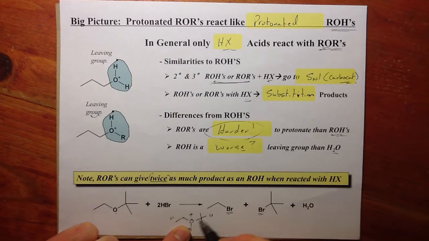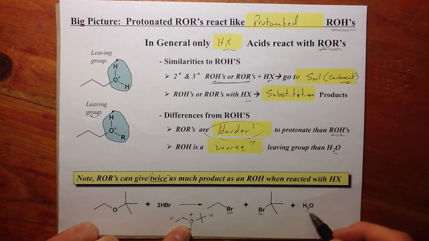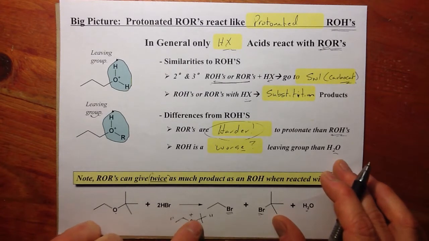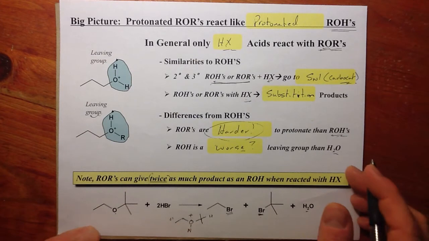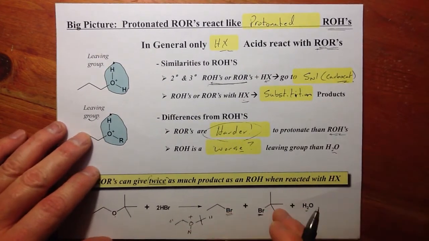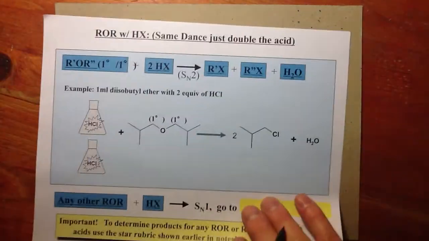We kick off an alcohol, but the alcohol can go on to react to kick off water and have a replacement of the oxygen from this carbon with another bromine. So you tend to get two alkyl halides for every one ether compound. Let's show that on the next slide.